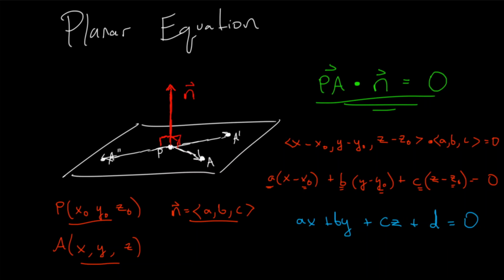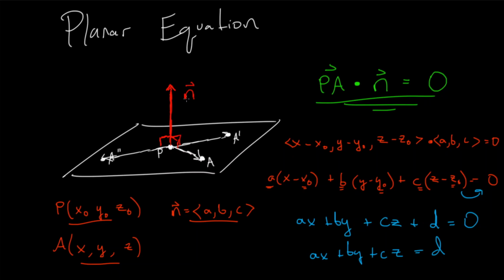You're not learning anything necessarily from scratch. I will say, sometimes you also see this equation as ax plus by plus cz is equal to d, but that's just if I took all these negative values and added them to the other side. But both of these are sufficient to describe a plane in 3D.